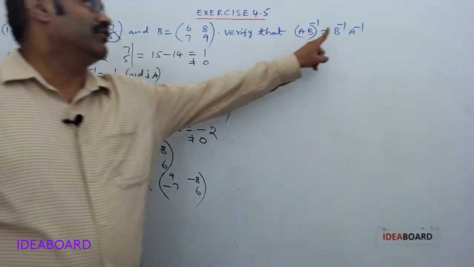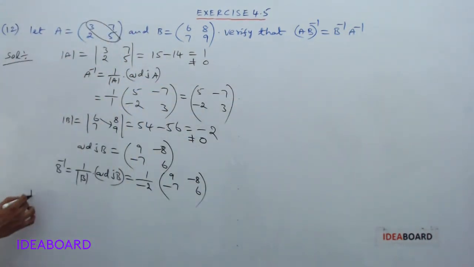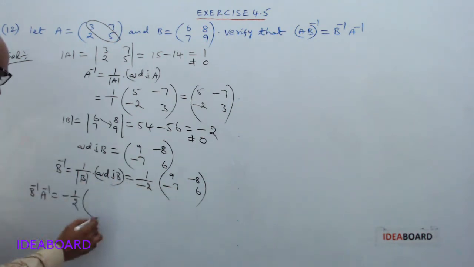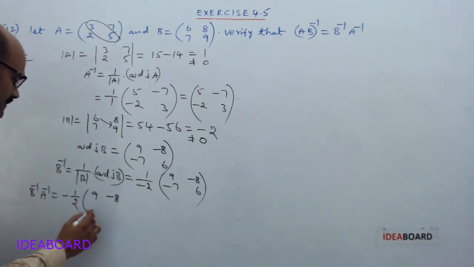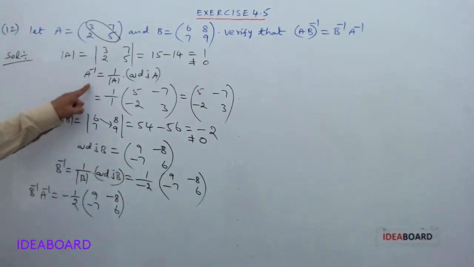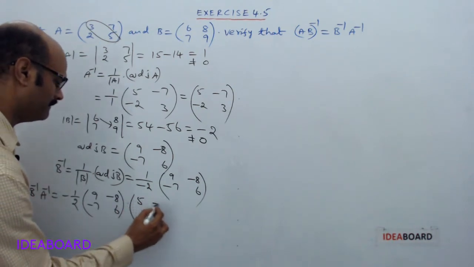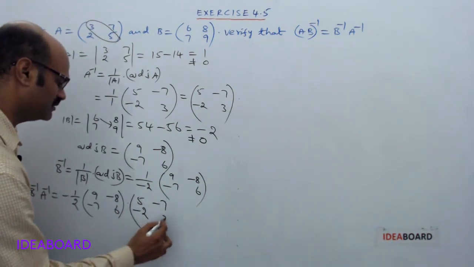Now we have to find B inverse into A inverse. B inverse into A inverse equal to -1 by 2 into 9, -8, -7, 6 into A inverse equal to 5, minus 7, minus 2, 3.